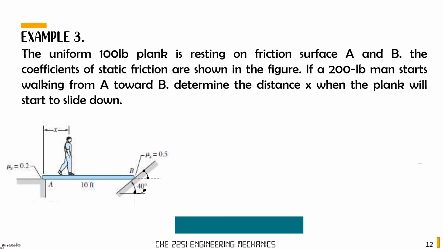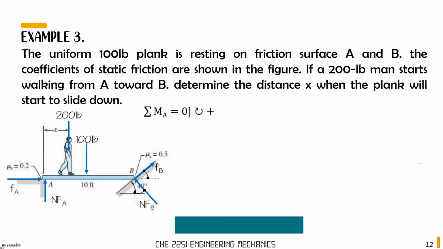So for this problem, we have to, again, draw our FBD. So we'll have the weight of the man, weight of the plank. For point A, we have frictional force and normal force. And for point B, we have your friction and normal force, but it will be directed to the surface of contact.